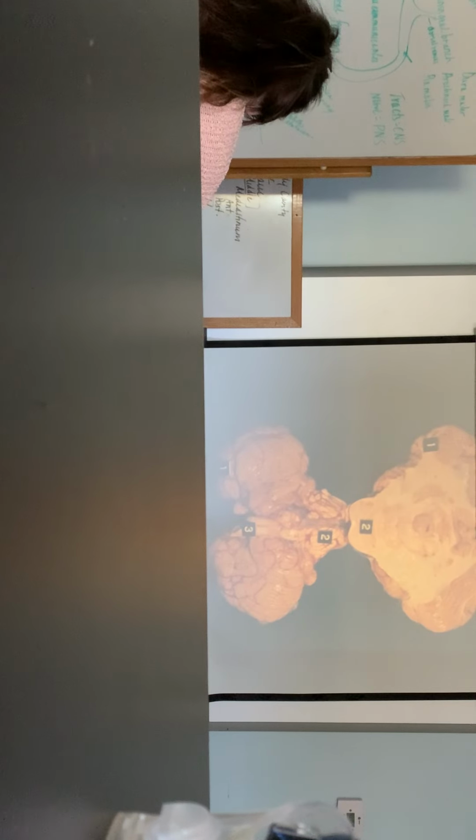And now we move on to the hindbrain. So what is the hindbrain? So there's a blank slide, and now we're moving to the hindbrain. So where are we? Where do you think we are?